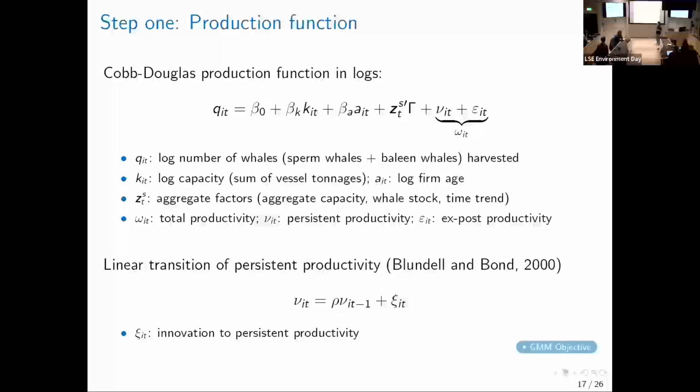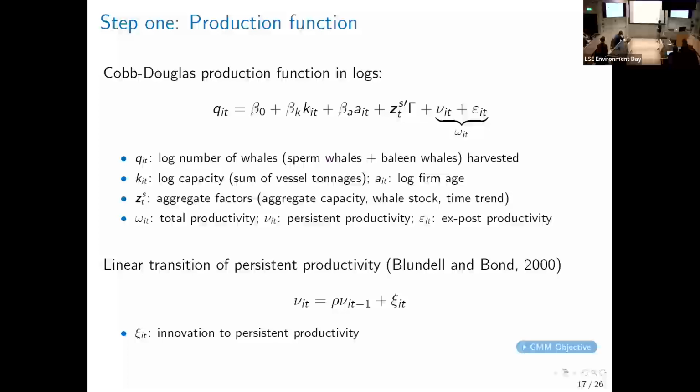The production function is a simple Cobb-Douglas, and I also use a translog production function for more flexible estimation, and the results are almost similar. Q is the log number of whales, and K is vessel capacity, which I measure as the sum of vessel sizes the firm is operating. A is the firm's age, and there are aggregate supply factors.